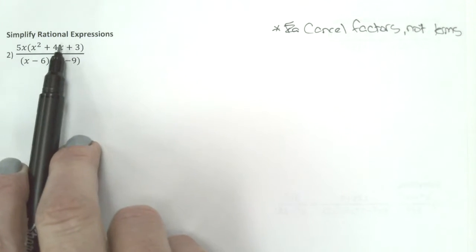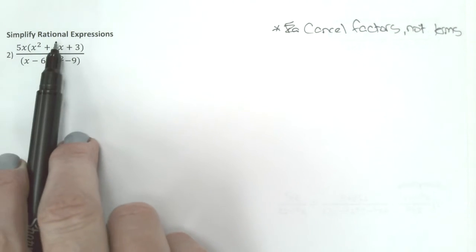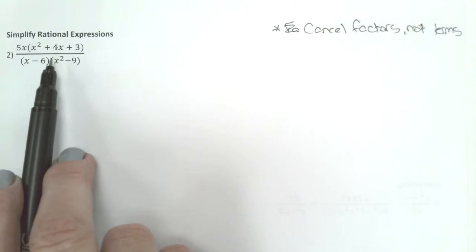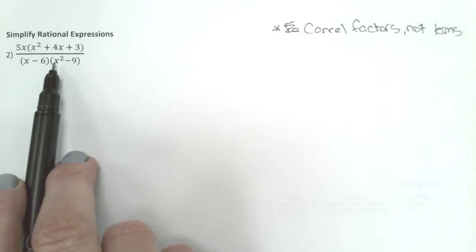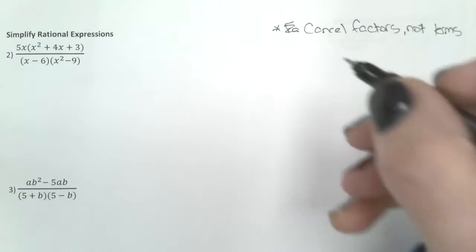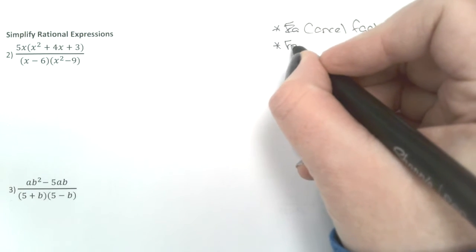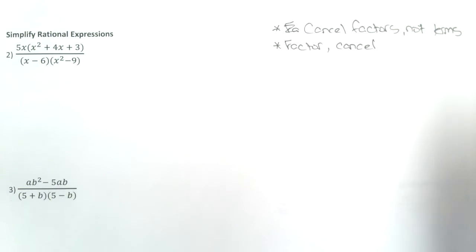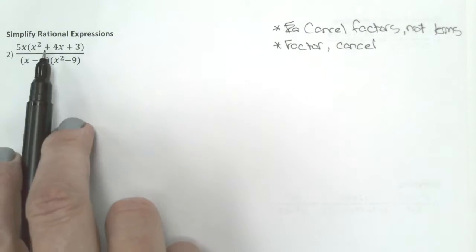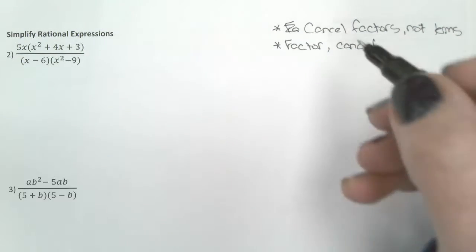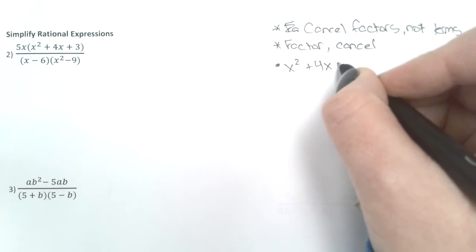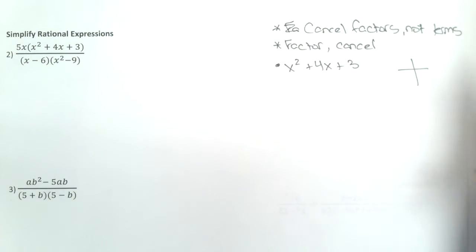If there's an x minus 6 on top, we could cancel that. But this x squared and this x squared, those are terms. You cannot cancel them. So the name of the game here is factor and cancel.